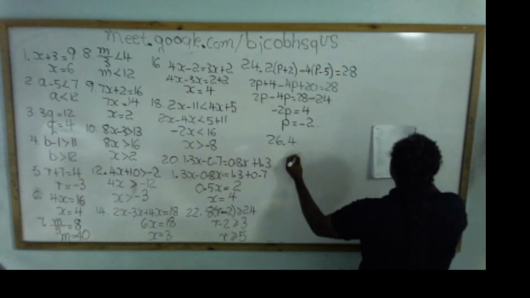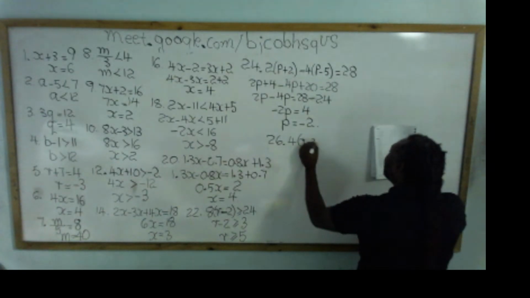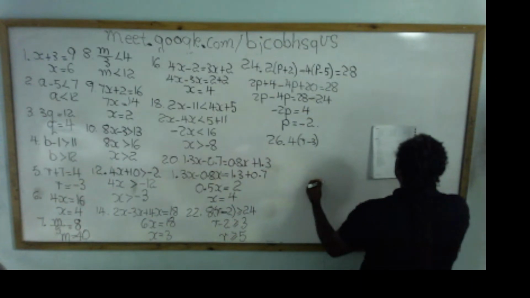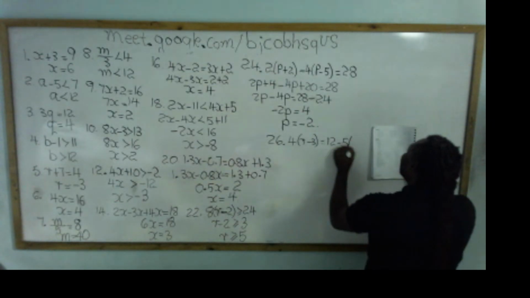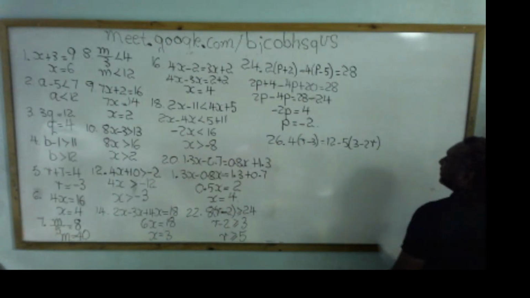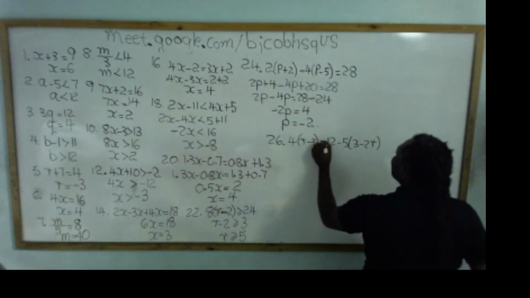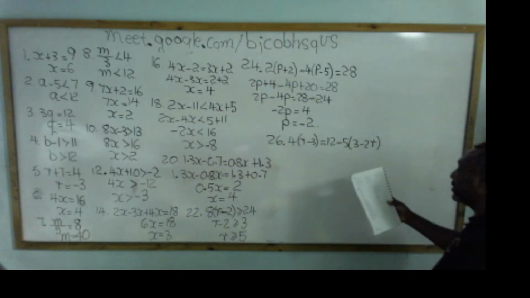4 times r minus 3 is equal to 12 minus 5 times 3 minus 2r. Nice. Number 26 is extremely wide for no reason.